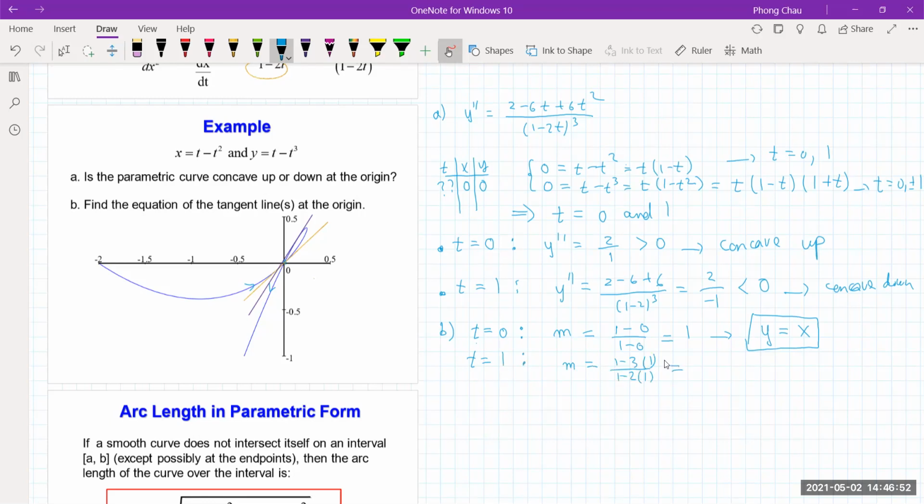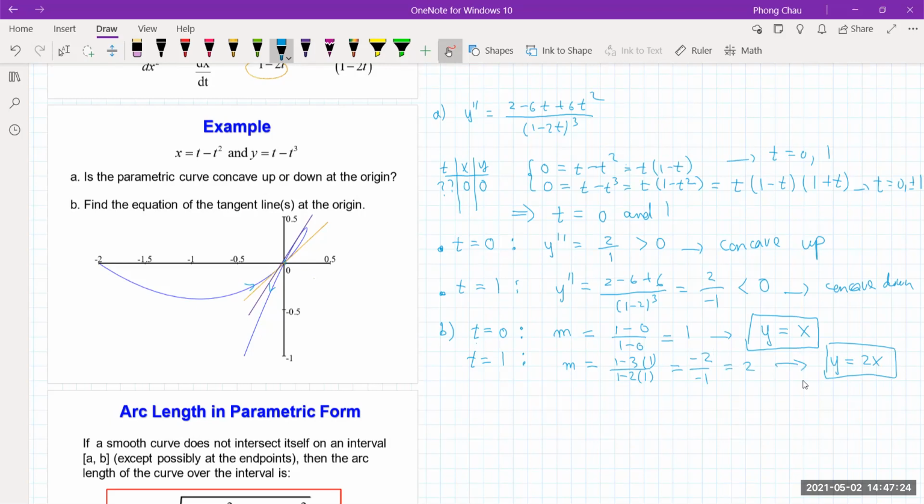We got a negative 2 over negative 1. So see, that is 2. Therefore, slope is 2, so the function is y equals 2x. Plus, again, the intercept is 0 in this case. And that is the equation of the tangent line.